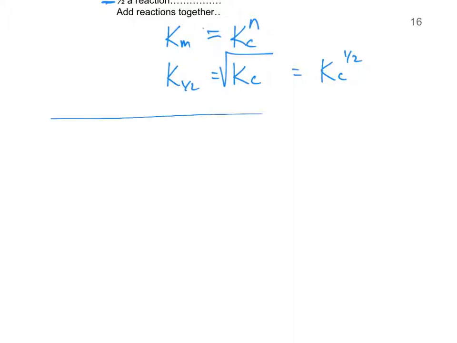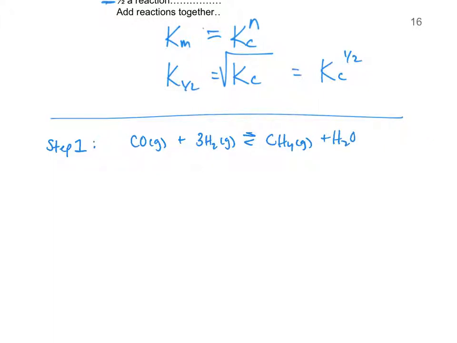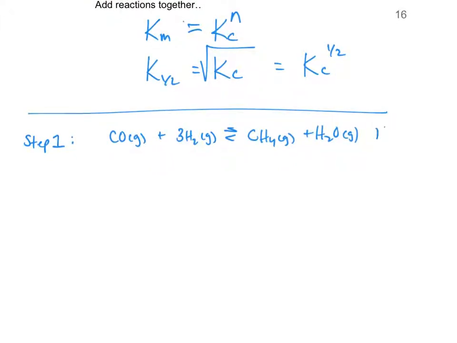Let's say for step 1 of our reaction, we have carbon monoxide plus 3 hydrogen in equilibrium with methane, CH4, and water in the gas phase. We've done some experiment, and we know that the equilibrium constant for this reaction is 3.92.